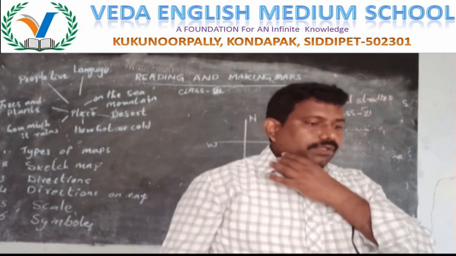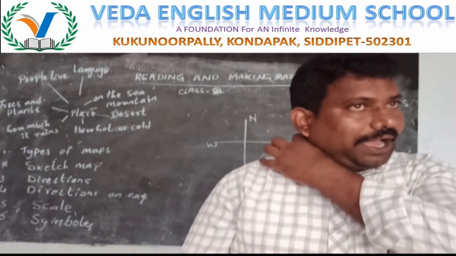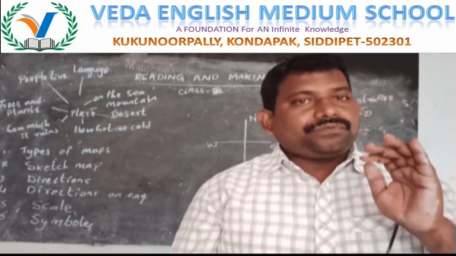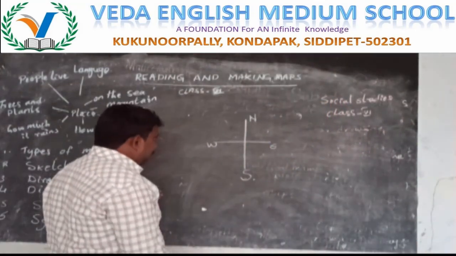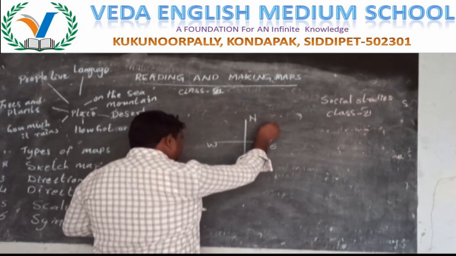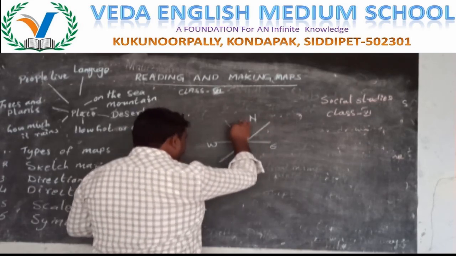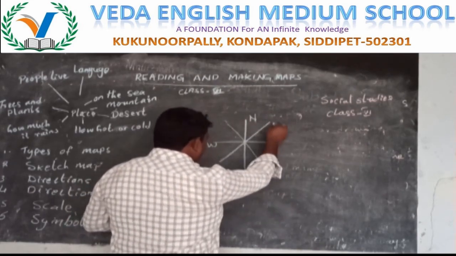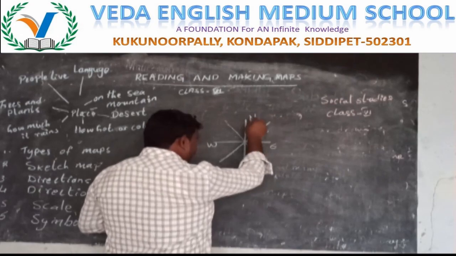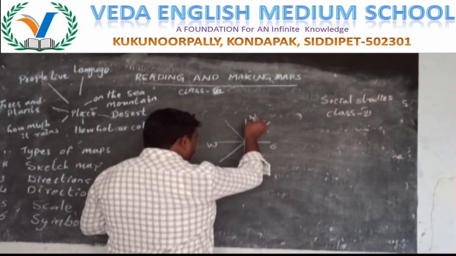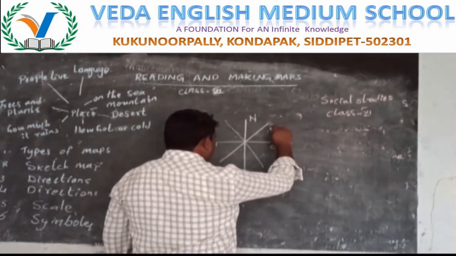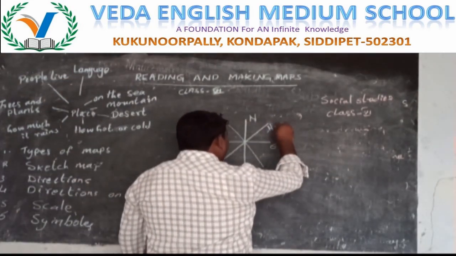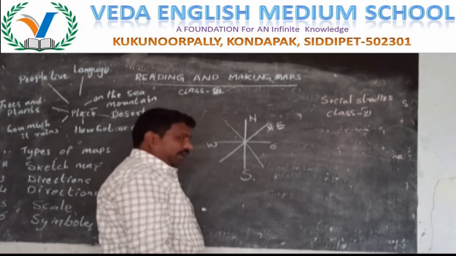Okay, children. So, and there are 4 more directions. They are called sub-directions. What are those sub-directions? So the direction between north and east is called northeast direction.